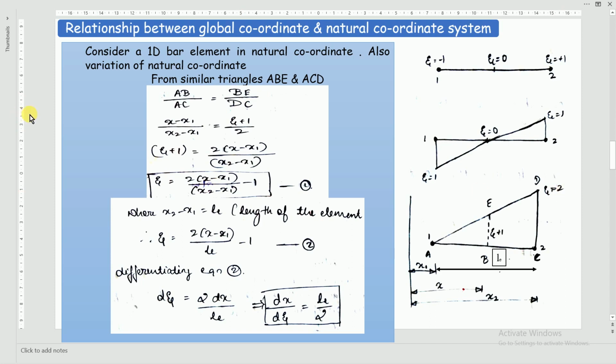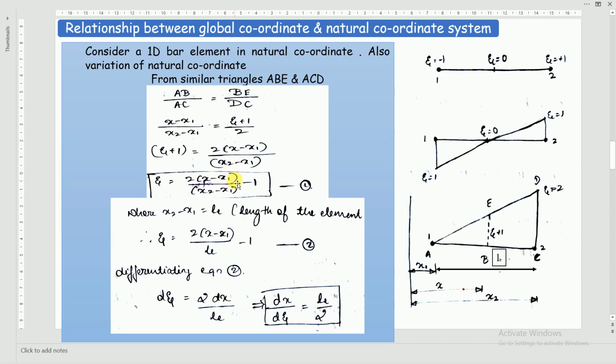Now just simplify this. 2 you take on that side, and -1 you take on this side. So you will get xi equal to 2 times (x minus x1) divided by (x2 minus x1), minus 1. This is the relationship between a natural coordinate and a global coordinate, when converting from one coordinate system to the other.